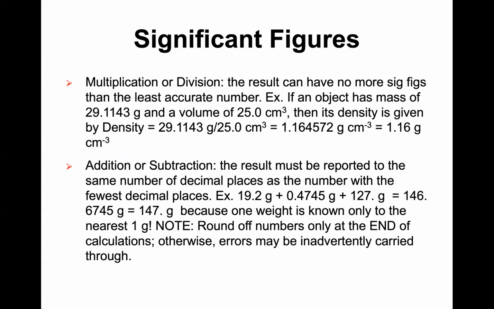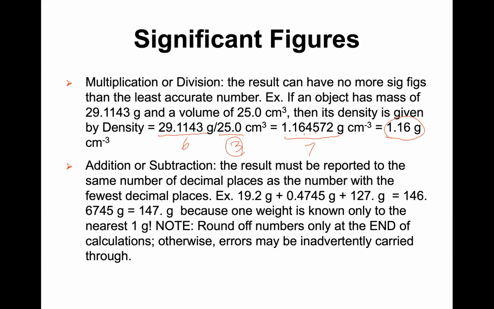For example, here we have 29.1143, which gives a total of 6 significant numbers, and 25.0, which gives only 3. So 3 is smaller than 6. After the calculation, even though you have 1, 2, 3, 4, 5, 6, 7 numbers, according to the rule you can only keep 3. So you need to round it to 3.